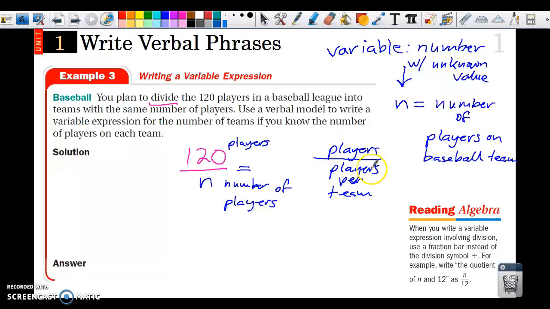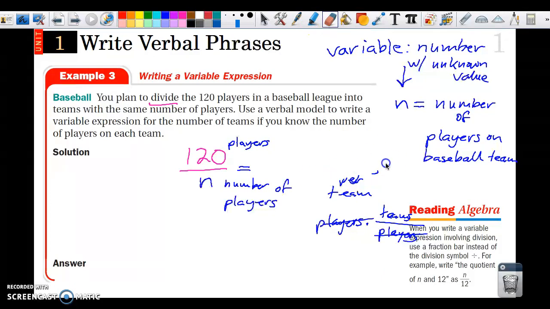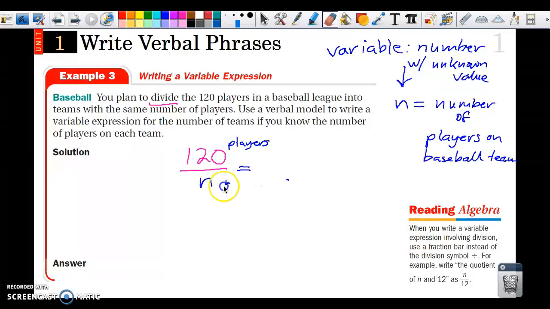And it gets kind of complicated there, but it'll end up being players multiplied by teams per player. Cross out, we'll get the number of teams. Okay? So that was more complicated than it had to be. Basically, all you need for this problem is just 120 over n. That is the expression I'm looking for. That will get me the number of teams.